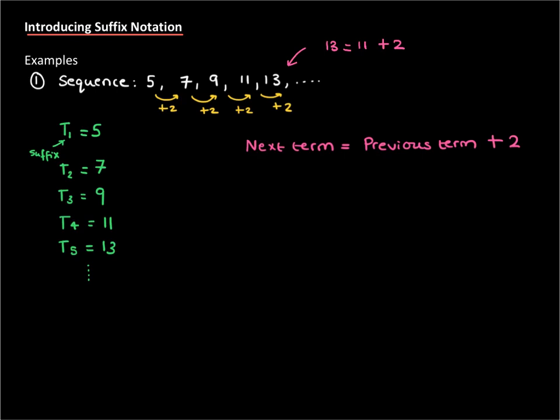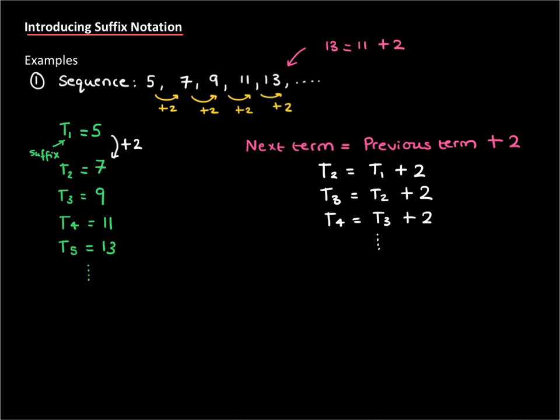So I could say T2 is equal to T1 plus 2. That makes sense, doesn't it? T2, which is 7, is equal to T1, which is 5, plus 2. I could say that T3 is equal to T2 plus 2. T4 is equal to T3 plus 2, and so on.